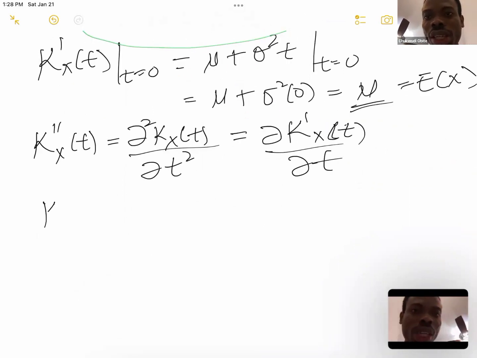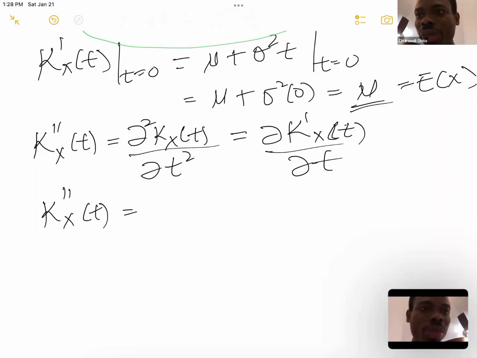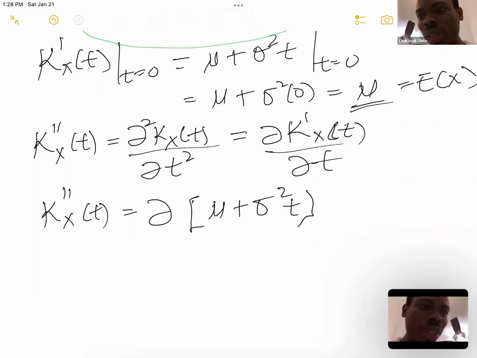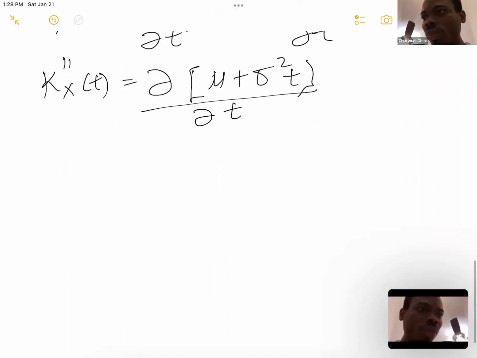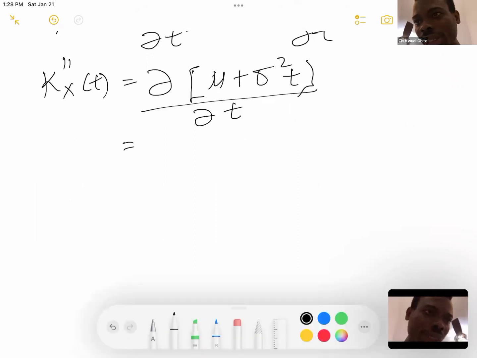So K_X(t) means differentiate mu plus sigma squared t with respect to t. If I differentiate mu, I will get 0.